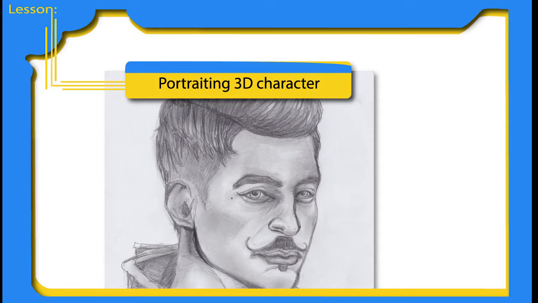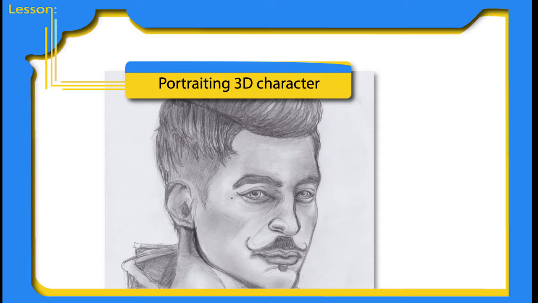In this lesson, you will learn to portray from mostly a 3D character, like a real 3D human character. Why choose to draw a 3D human character rather than portraying from a photograph of a real human?